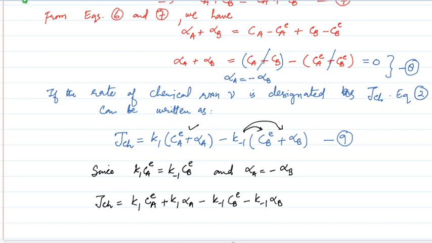If we look carefully here, we know this much, that means K1 Ca equilibrium is equal to K minus 1 Cb equilibrium.